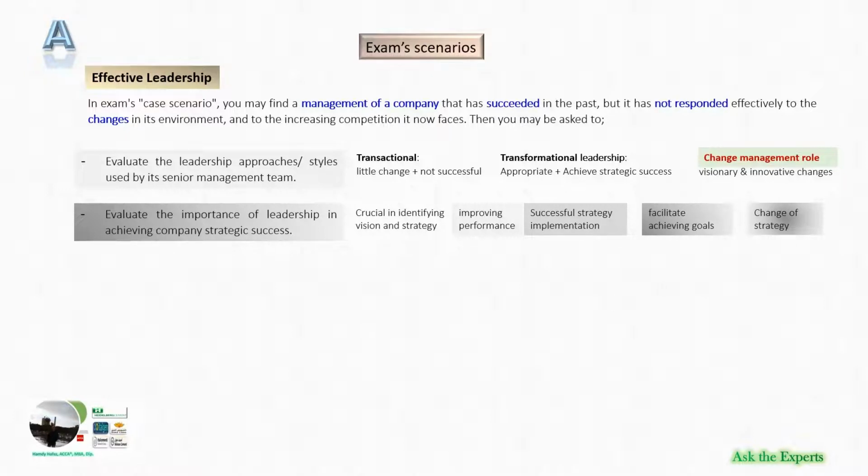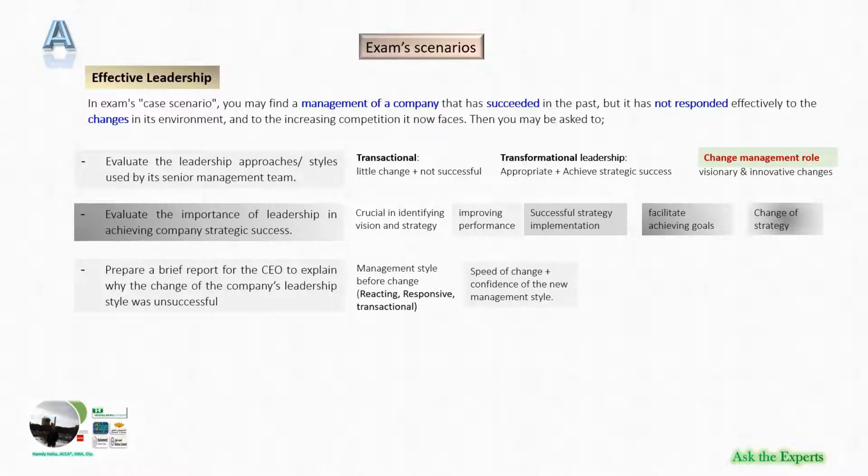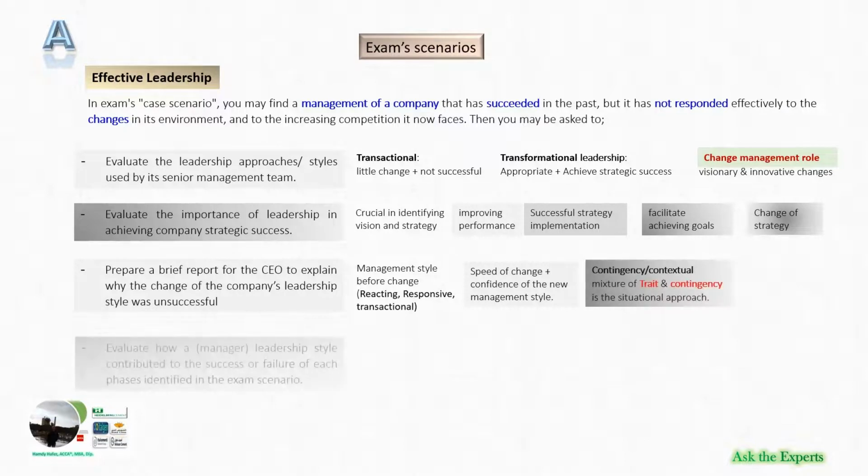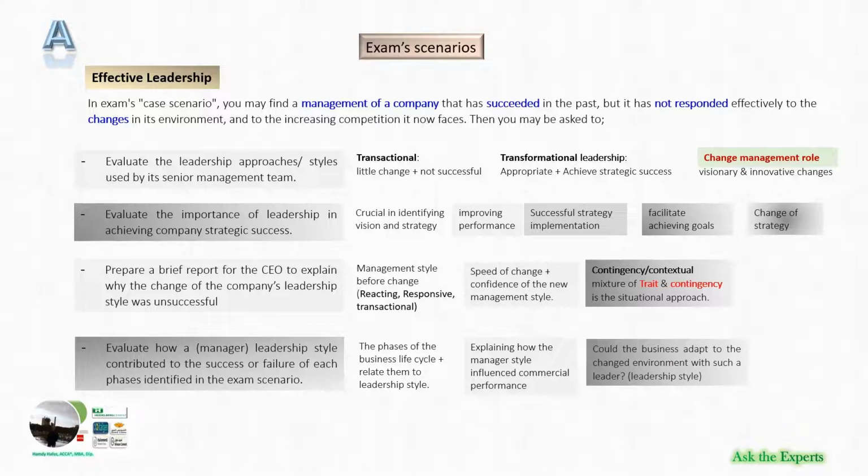Here you may discuss the management style before change, and if it was reacting, responsive or transactional. The speed of change. Finally, a mixture of trait and contingency is the situational approach. You may also be asked to evaluate how a manager's leadership style contributed to the success or failure of each phase identified in an exam scenario.